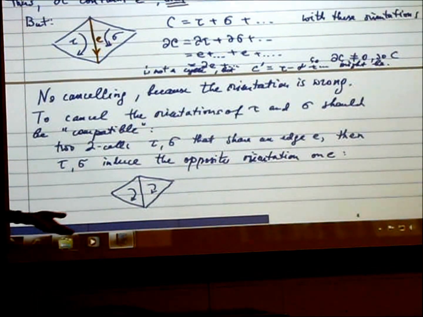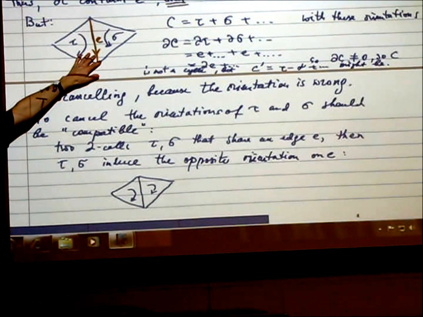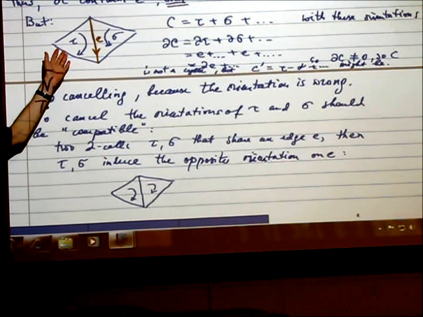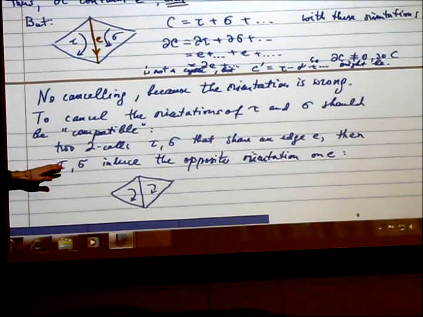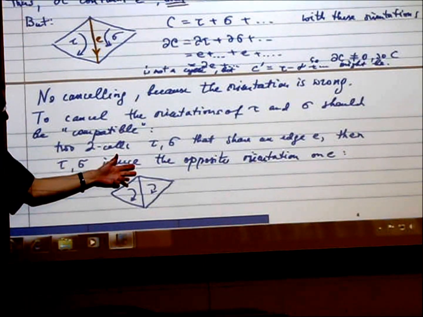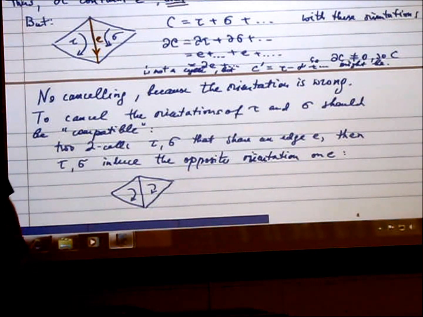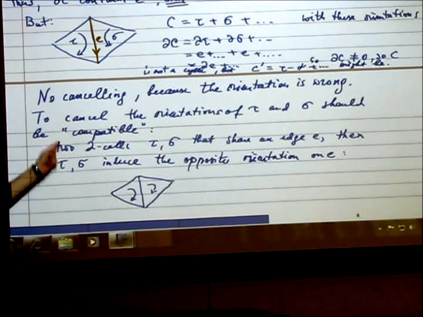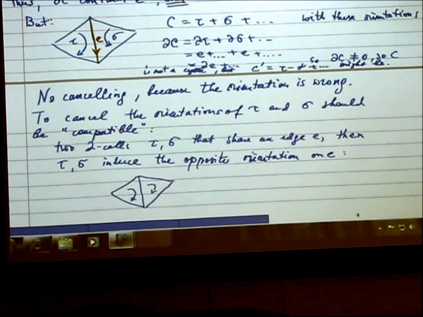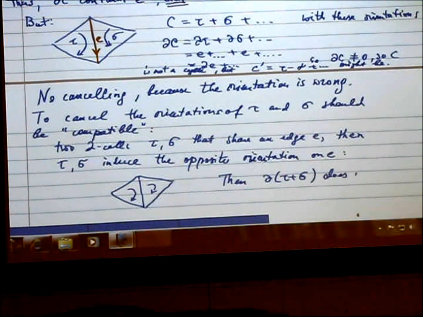Whatever orientation of E is not important, because we choose orientation for sigma and tau, and it doesn't matter what orientation of E is, because it will cancel. Then D tau plus sigma does not contain E.